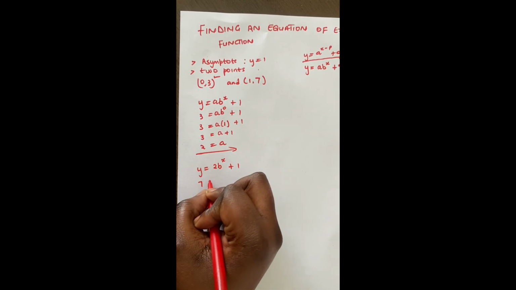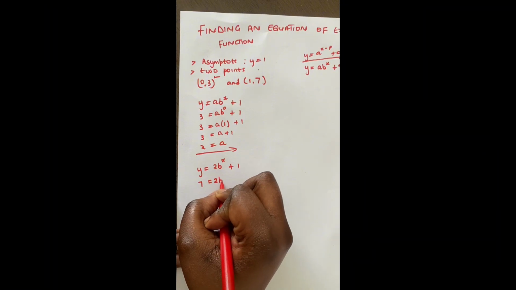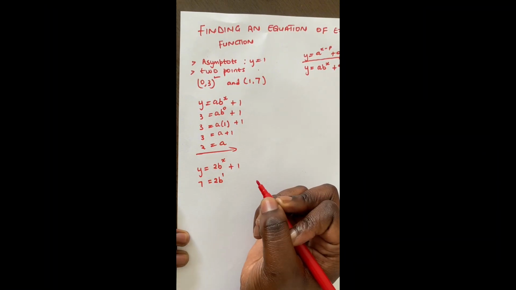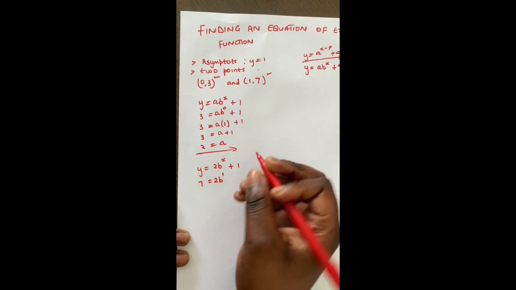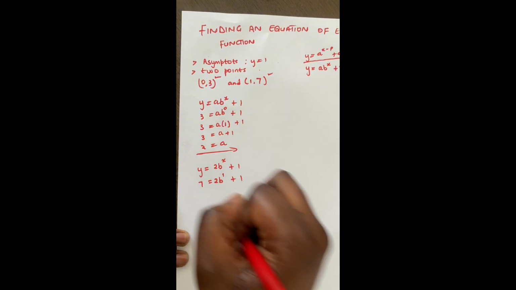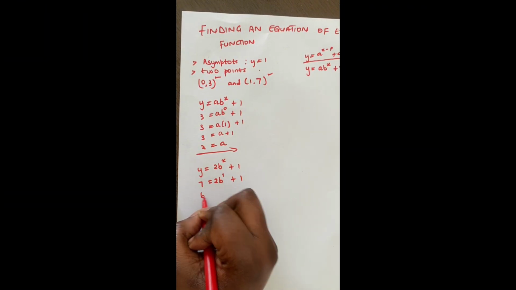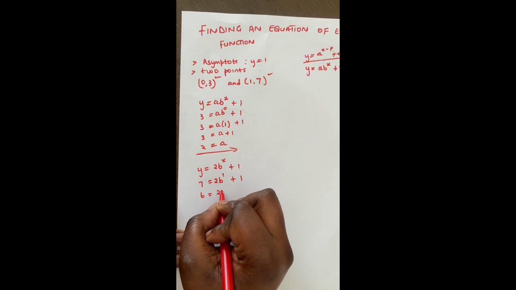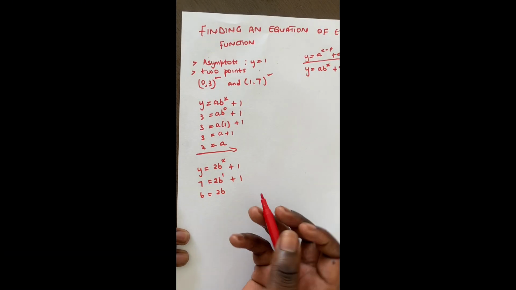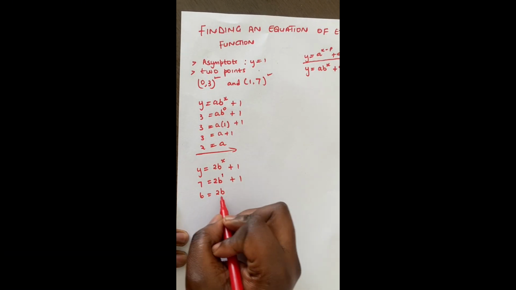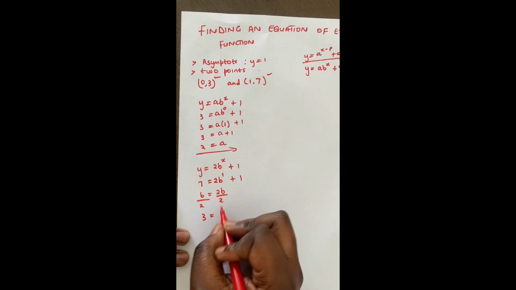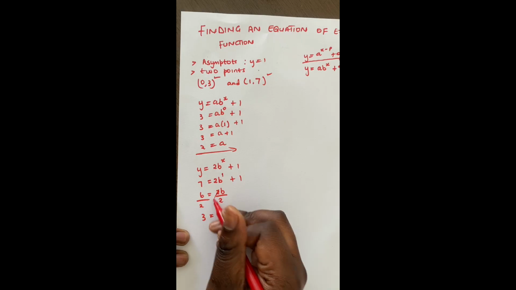So it's going to be 7 is equal to 2b to the exponent 1, right? Substituting this point, plus 1, right? And then you transpose the 1 to this side, it's going to be 6 is equal to 2b. And a number raised to the exponent 1 is that number or variable. And then you divide by 2, so 3 is equal to b, right?